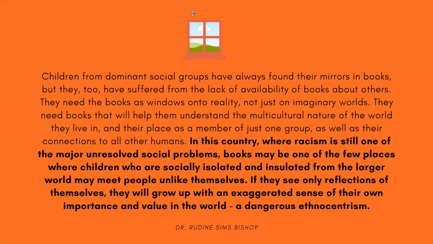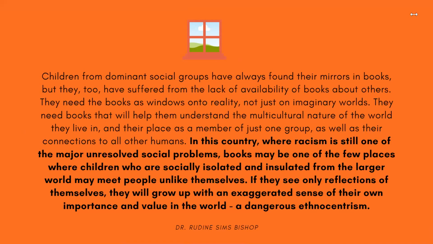Okay. It says, children from dominant social groups have always found their mirrors in books, but they too have suffered from the lack of availability of books about others. They need the books as windows onto reality, not just as imaginary worlds. They need books that will help them understand the multicultural nature of the world they live in and their place as a member of just one group, as well as their connections to all other humans.